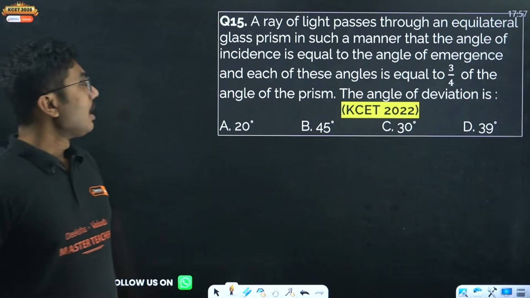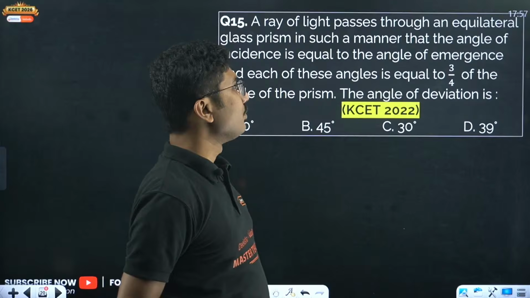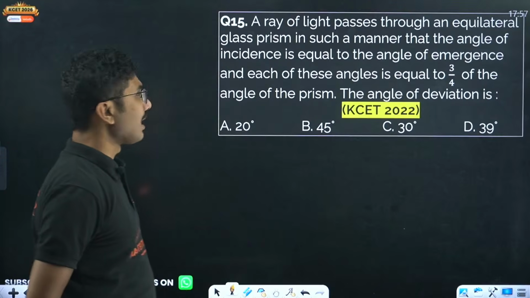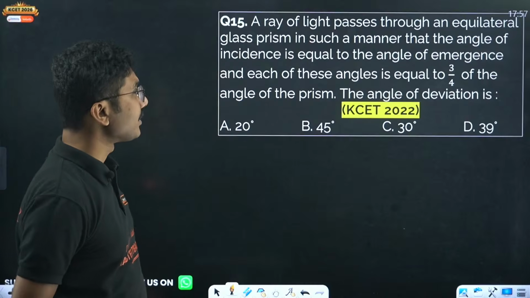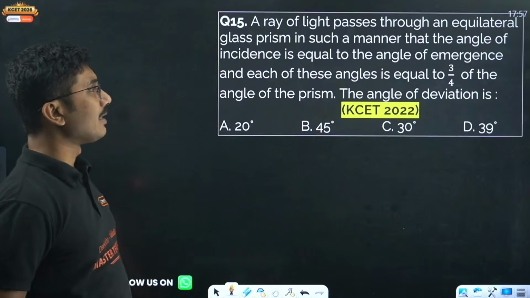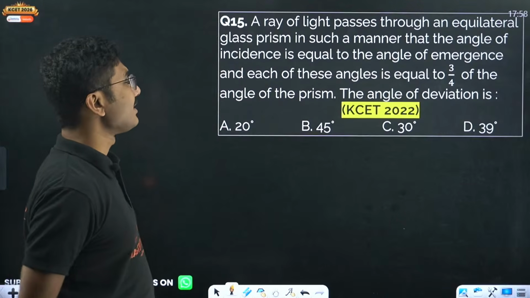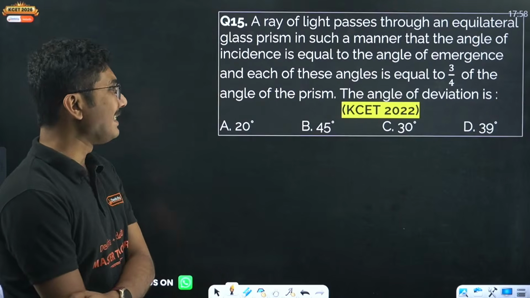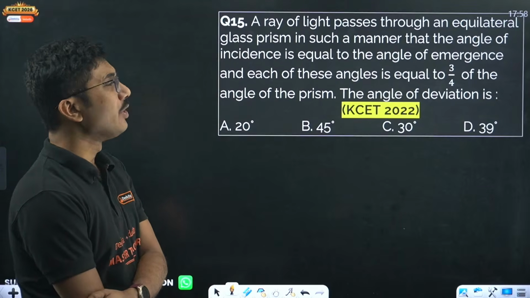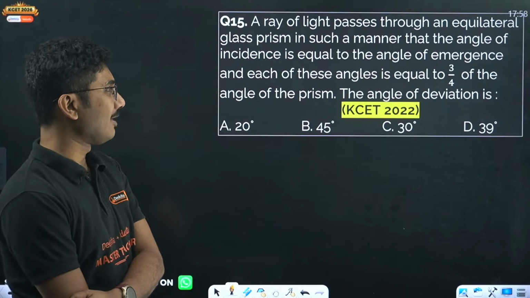A ray of light passes through an equilateral glass prism in such a manner that the angle of incidence is equal to the angle of emergence, and each of these angles is equal to 3/4 of the angle of the prism.